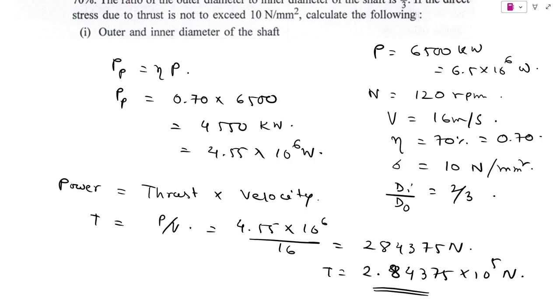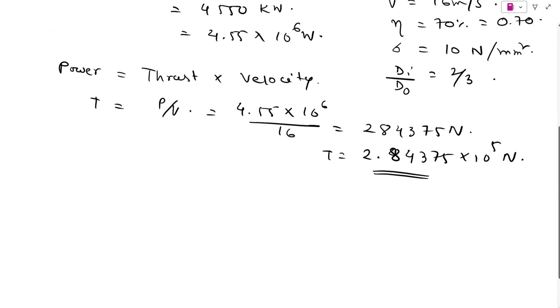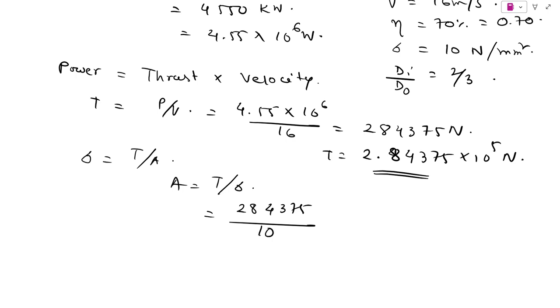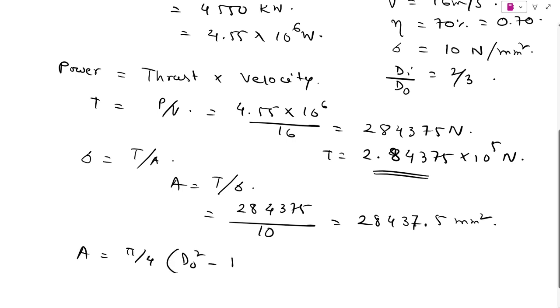Now the allowable direct stress sigma is T by A, and given sigma is 10. So therefore, A is T by sigma, and substituting the value here, 284,375 by 10, so this is 28,437.5. Now, the area of a hollow shaft, A, is pi by 4 into d0 square minus di square.